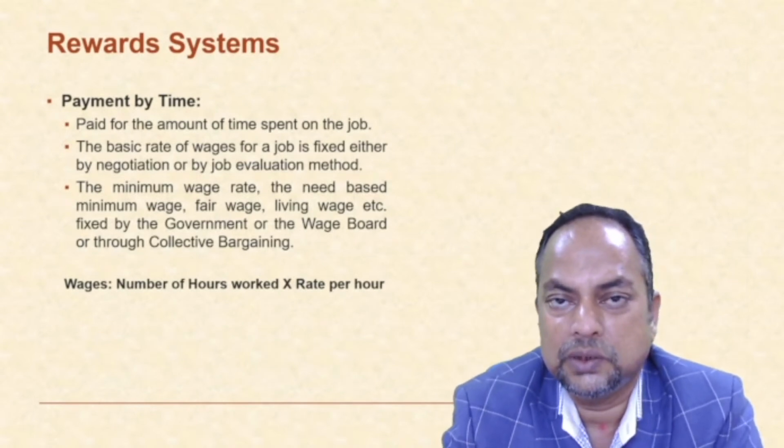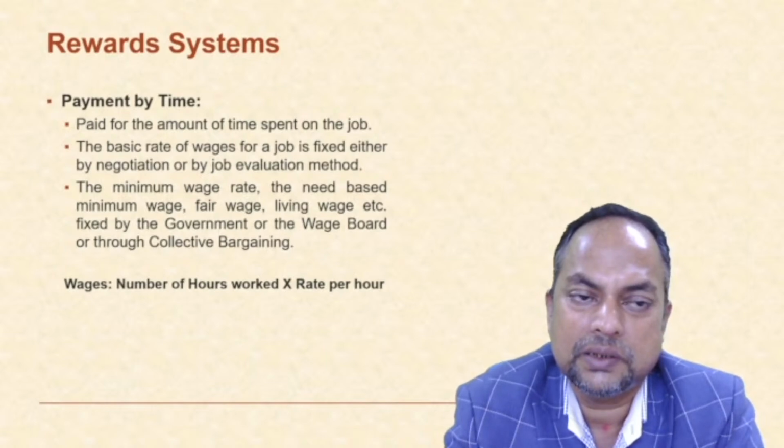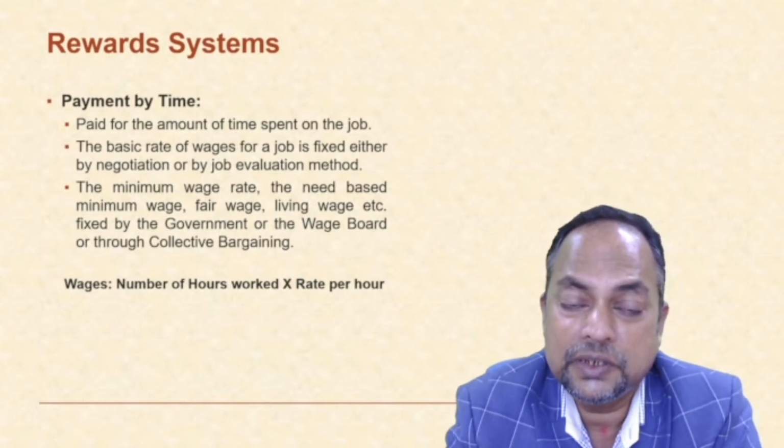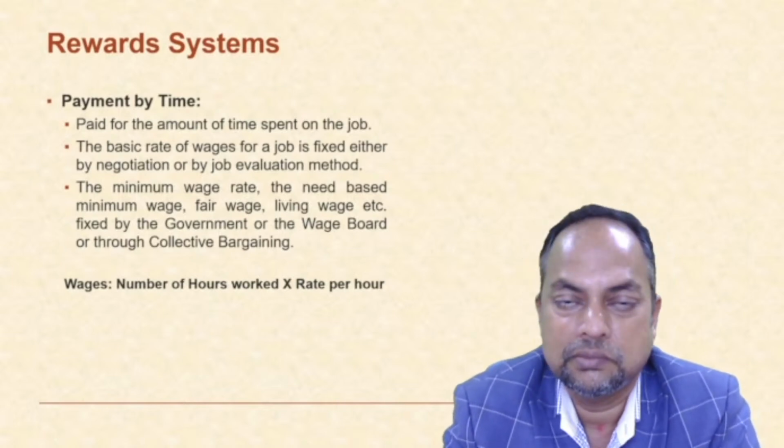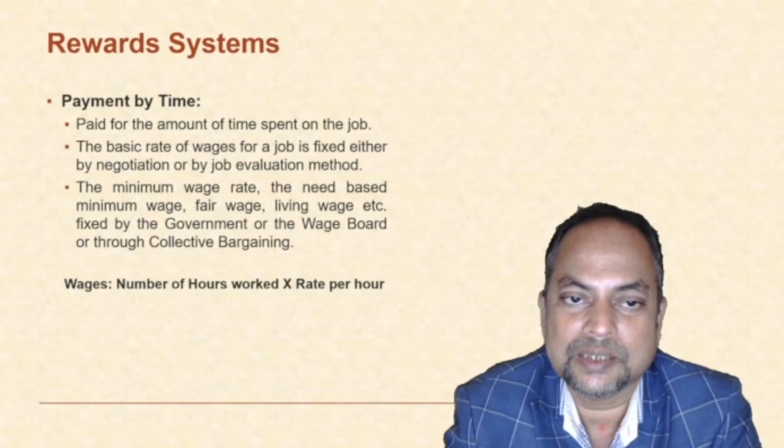Most of the time, you'll see that this payment system is applicable for jobs where the outcome is intangible, which are difficult to measure. That's what we need to understand, right?